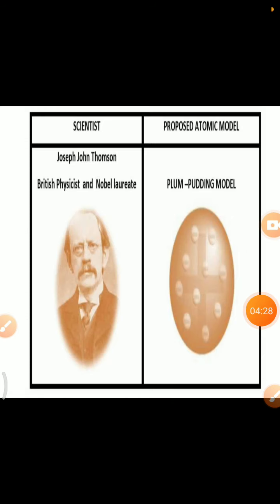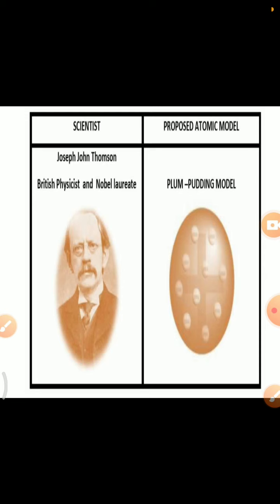Then one more scientist came, Joseph John Thomson, a British physicist, and he proposed the plum pudding model.